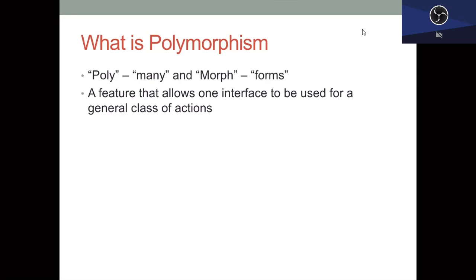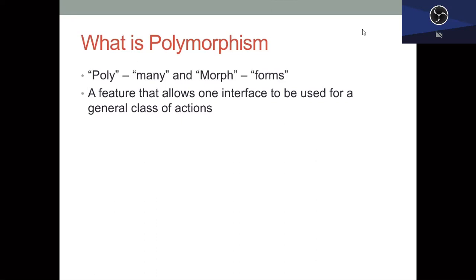If I give two integers to it, then it is going to add the two integers. If I give two strings to it, then it is going to give the concatenation of the strings, and so on. So my interface is the same, but the action is different based on whatever I'm giving to that interface. This is what we actually mean by polymorphism.